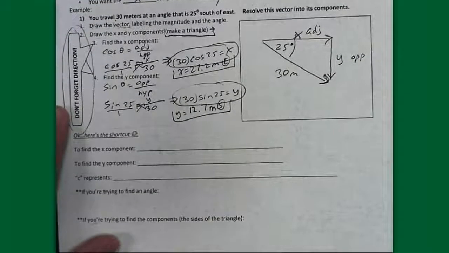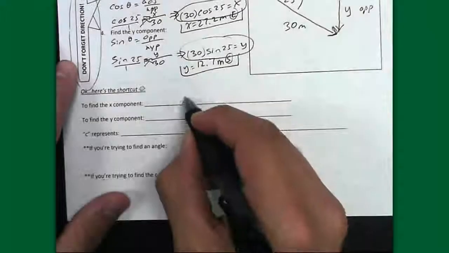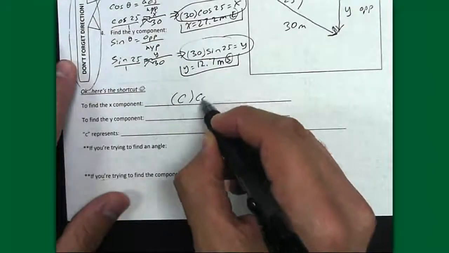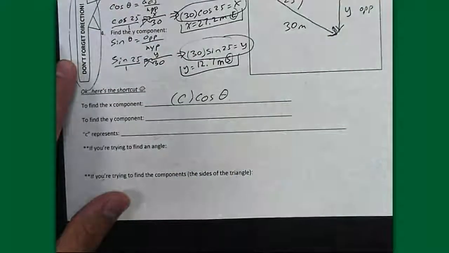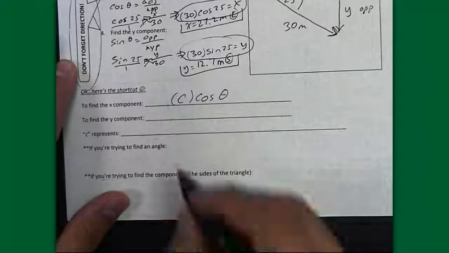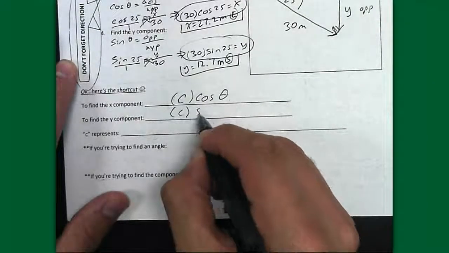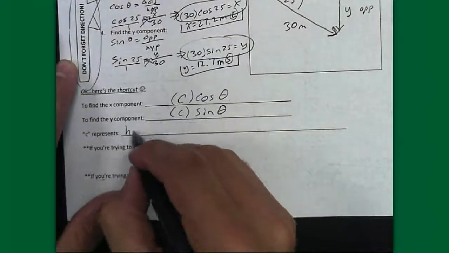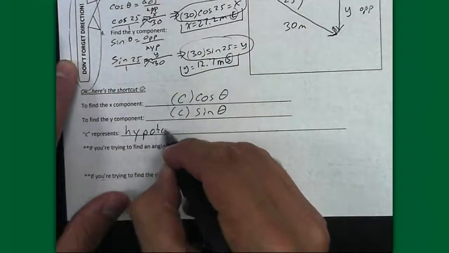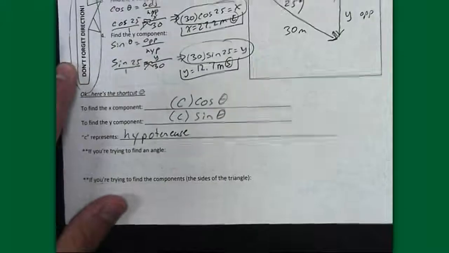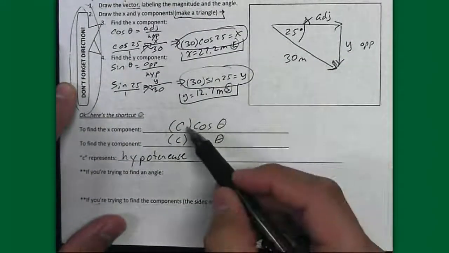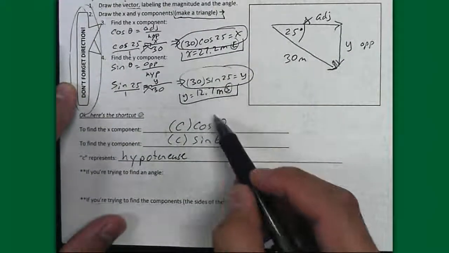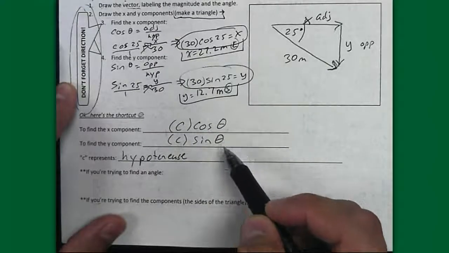So to find the x component, every time you do c times the cosine of theta, your angle. And to find the y component, you do c times the sine of theta, your angle. C here refers to whatever our hypotenuse is. In this case, it was 30. So it's the value of our hypotenuse, 30, times the sine or the cosine of the angle.